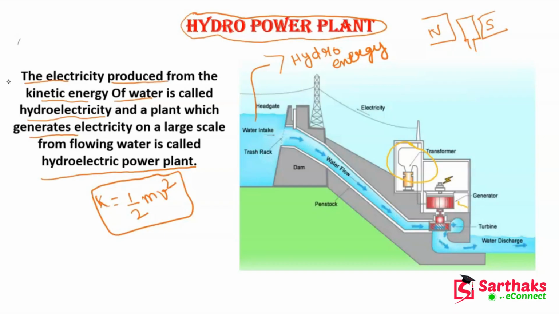When this water reaches the turbine, it rotates the turbine, and the kinetic energy of water is converted into rotational energy, or you can say mechanical energy. When the turbine rotates, it has some speed, so we can say that it has mechanical energy.